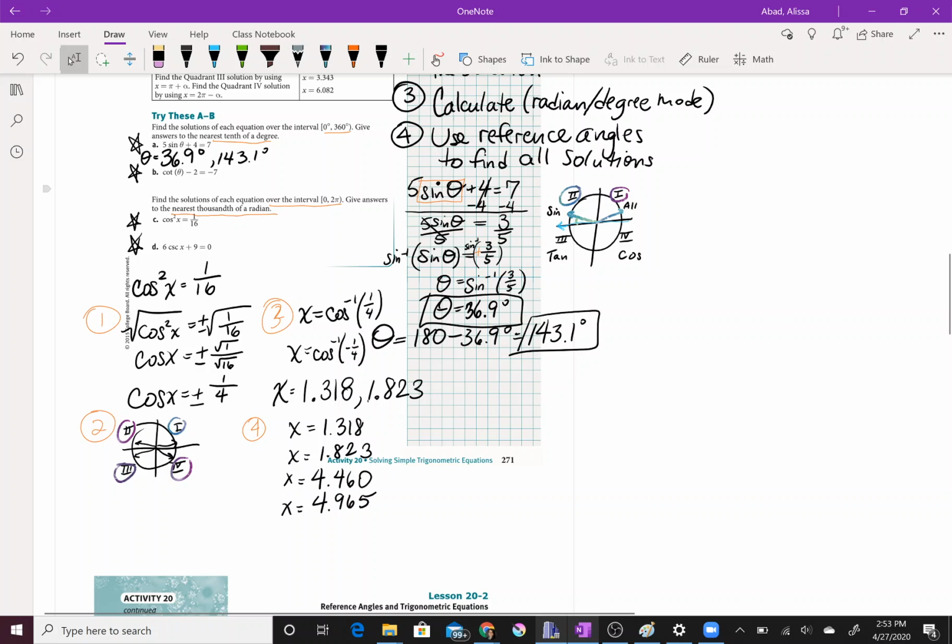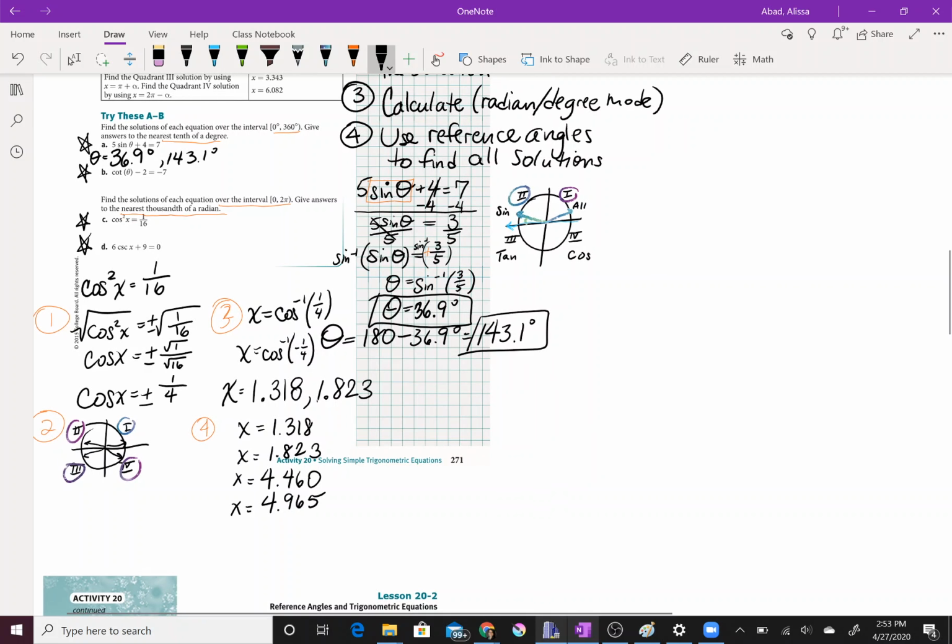So for this one, it has cotangent theta minus 2 equals -7. I will get cotangent by itself by adding 2 on both sides.